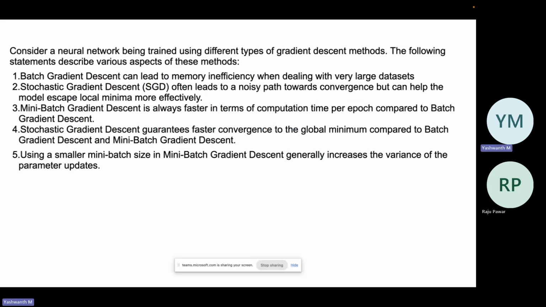Okay, so we have a neural network and we want to see how the batch size impacts the training and computation.